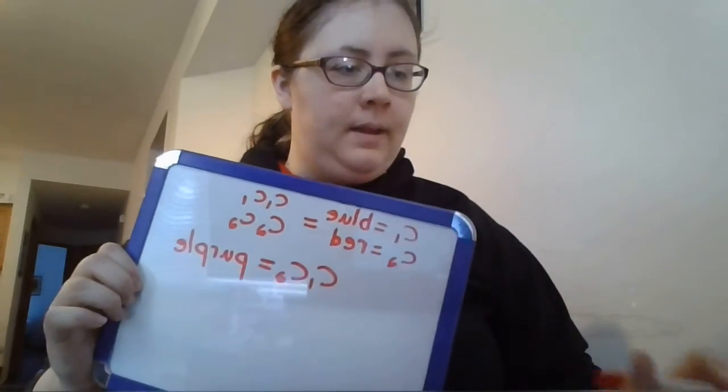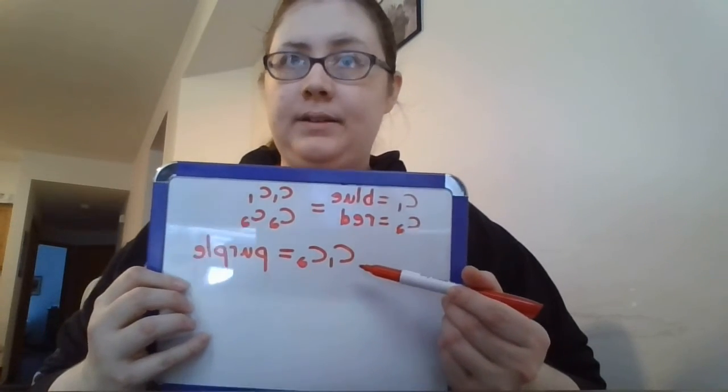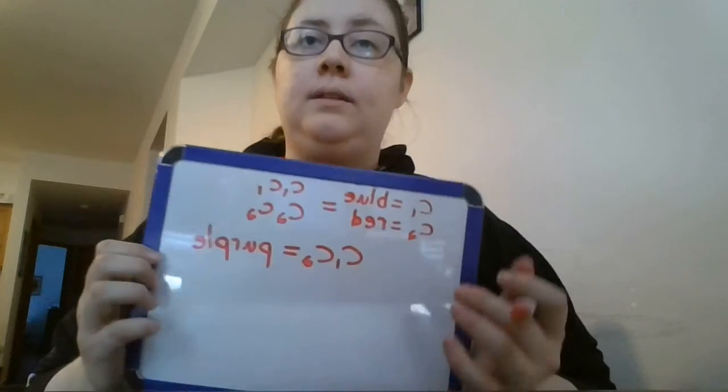So that's number 1. And then number 2, we take 2 of these parents, 2 of the purple parents, cross them together and see what we get.